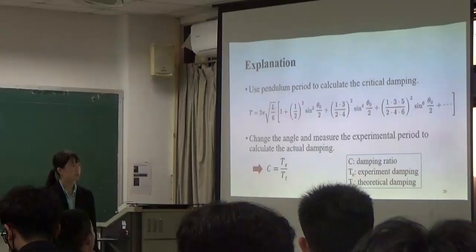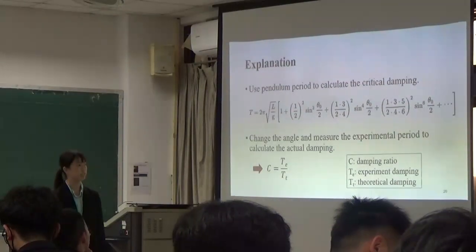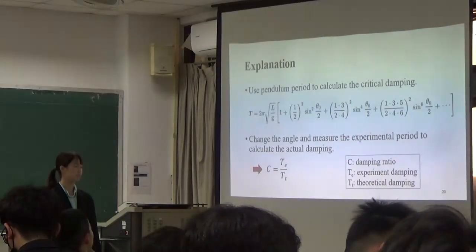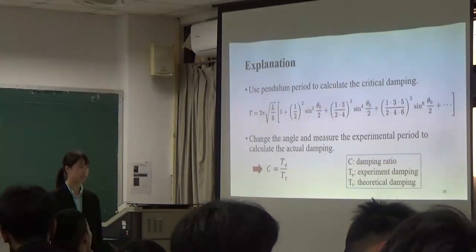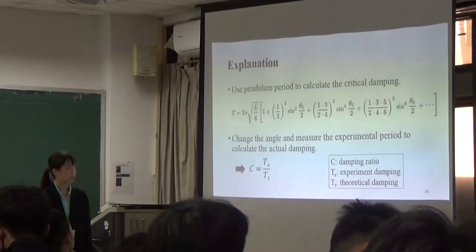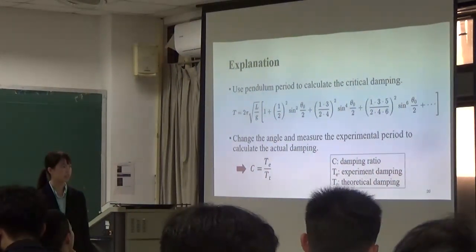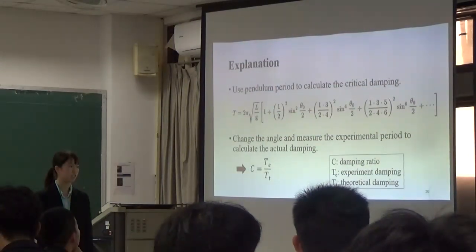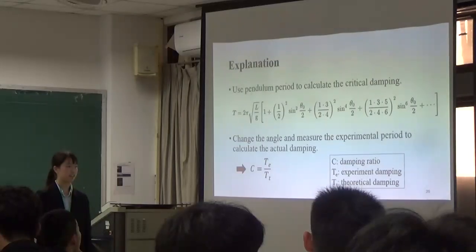We use pendulum theory to calculate the critical damping. And this is the frequency. This is the period for big theta. We change the angle and measure the experiment period to calculate the actual damping. Our damping ratio is defined by experiment damping divided by theoretical damping.